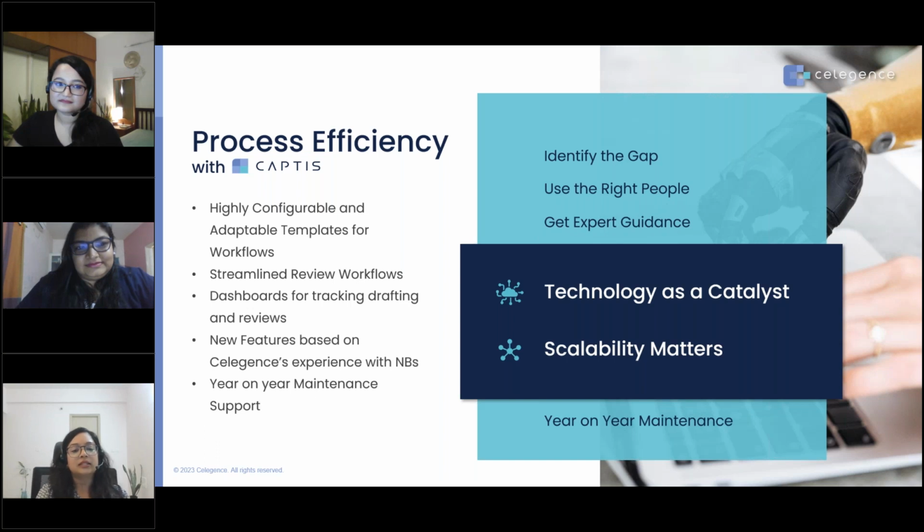Right from the start, Captis has been very helpful in fixing the process for us. What I mean by that is I can set templates and make really customizable workflows to match my client's processes, which helps with smoother collaboration. And we have dashboards to track the team's progress with respect to drafting the articles or documents and reviewing them as well.